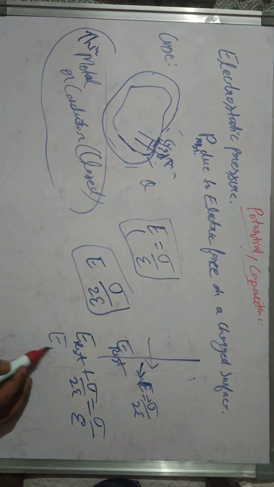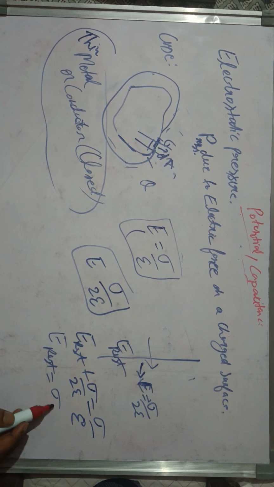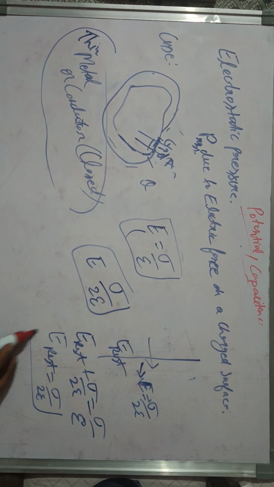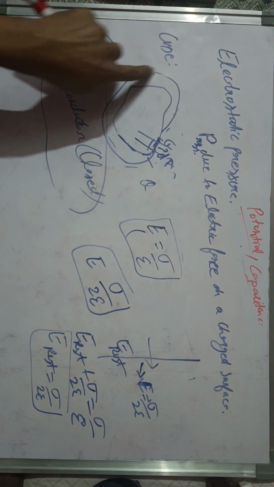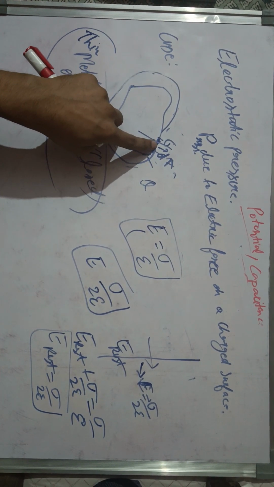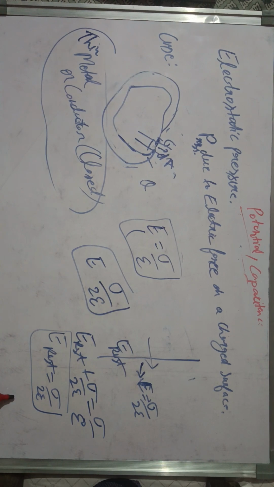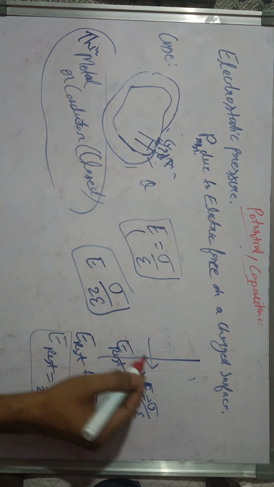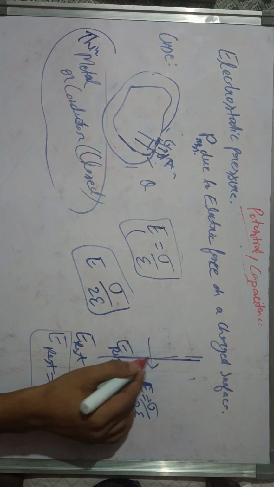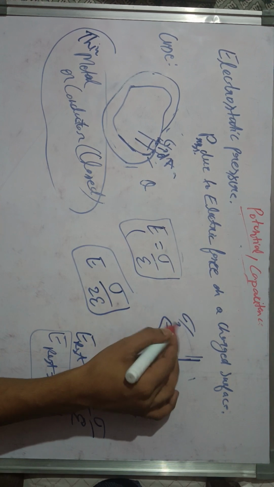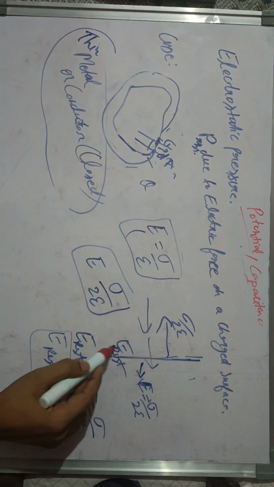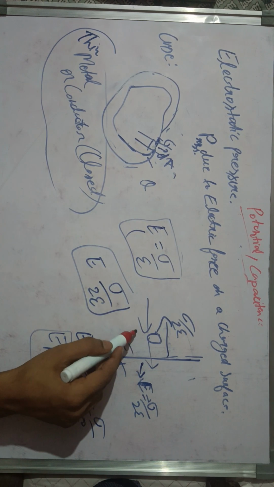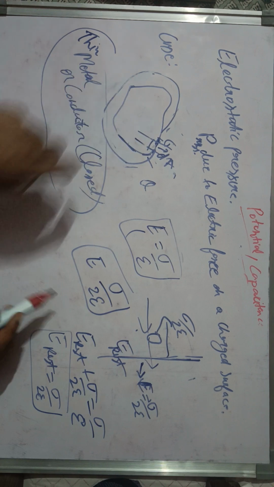So this E rest must be equal to sigma by 2 epsilon. The electric field due to the rest of the system at this place is sigma by 2 epsilon, and the field due to this surface in this direction is also sigma by 2 epsilon, and the E rest applies in the opposite direction. These two get added and give a zero field inside.